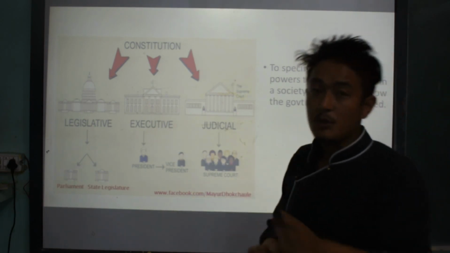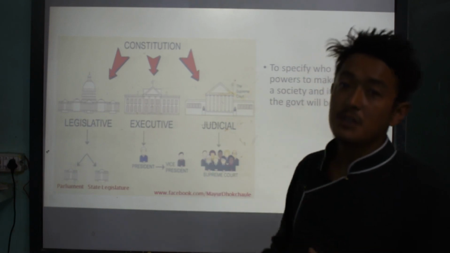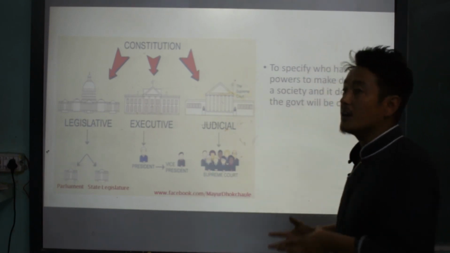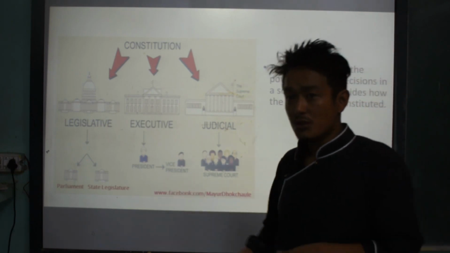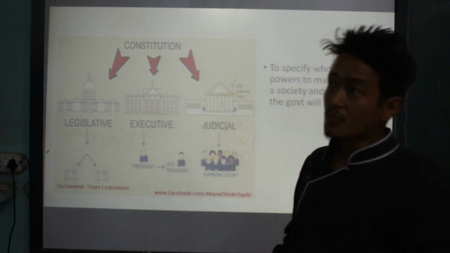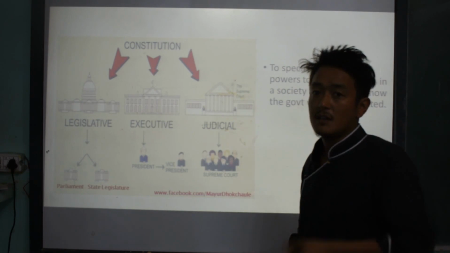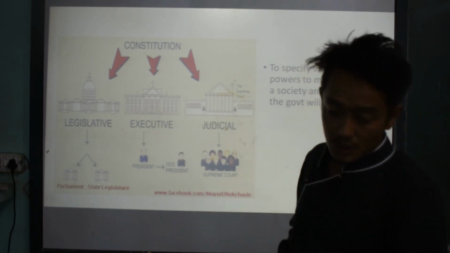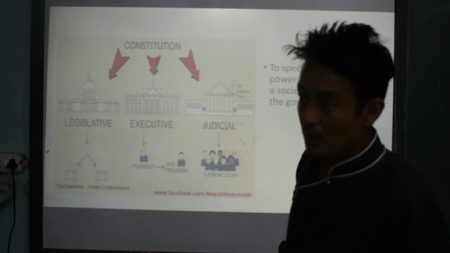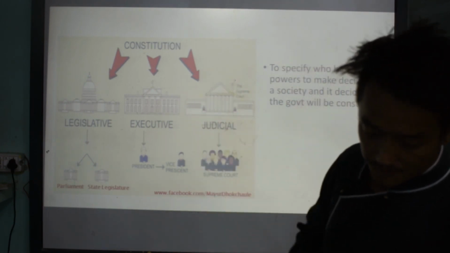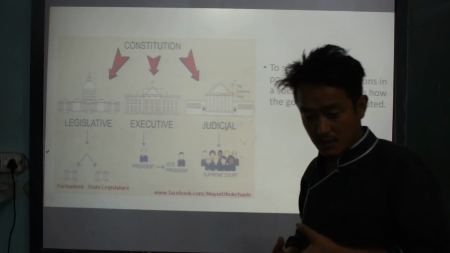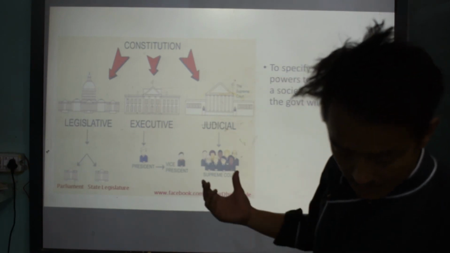But unlike that, in a democratic system, every important decision is made by people. So people will decide whom to elect as their representative, right? So these are the major differences between a country with a monarchy system and other non-democratic systems, right?